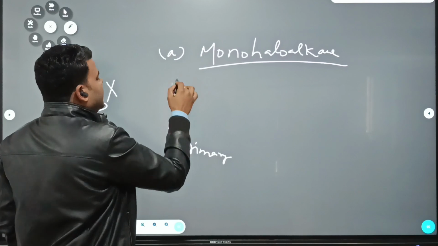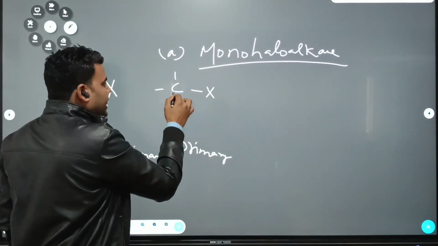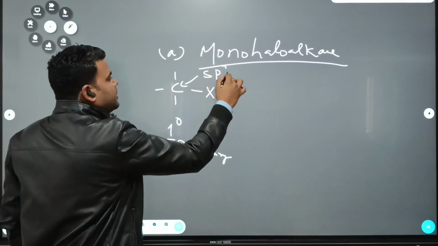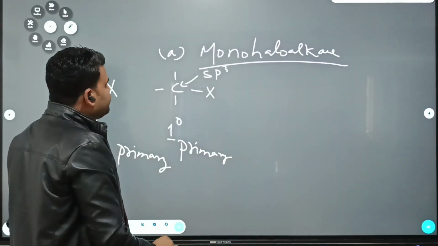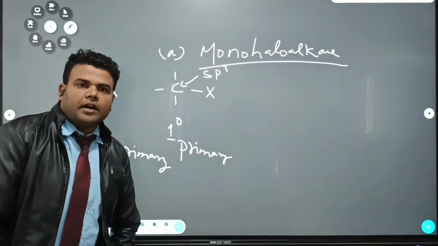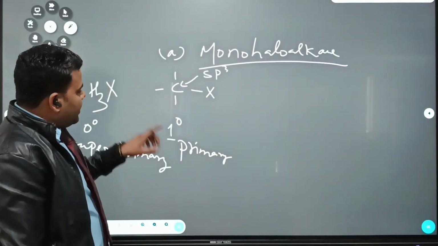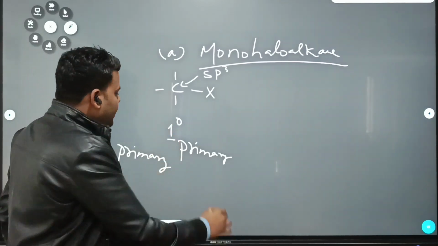haloalkane. That means here see the carbon, okay, on which halogen is attached, this carbon should be sp3 hybridized, okay, and the remaining substituent can be simply hydrogen or a carbon group. Okay. Then such kind of monohaloalkane will be called primary or 1 degree, or in short 1°.